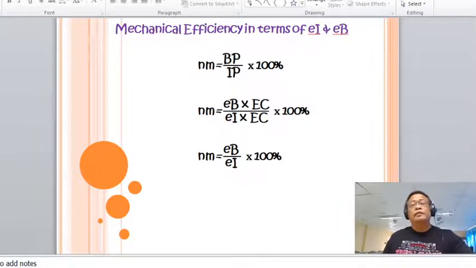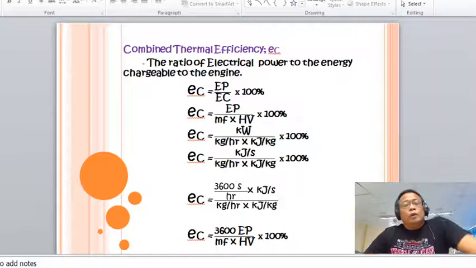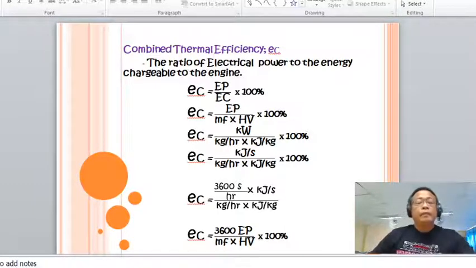Okay, class? Another is the combined thermal efficiency. Combined means this is after the generator output, so we are looking for the output of the generator here. The combined thermal efficiency is defined as the electrical power, or the combined power, divided by the energy chargeable, multiplied by 100%.